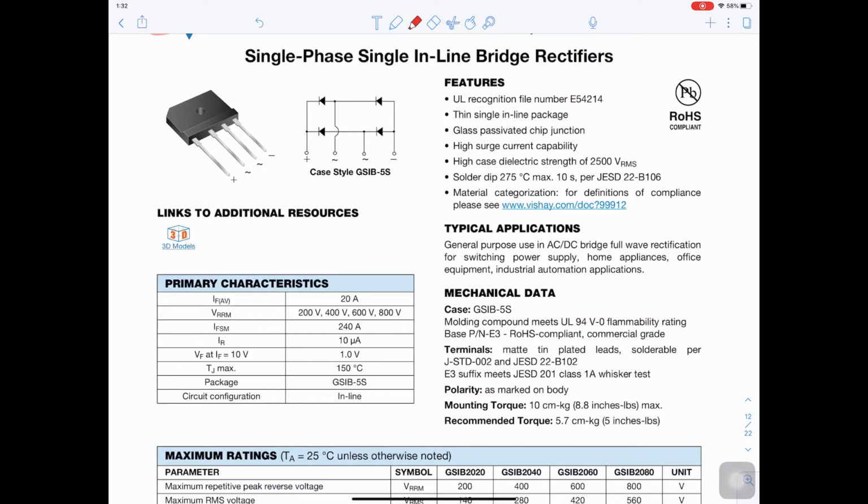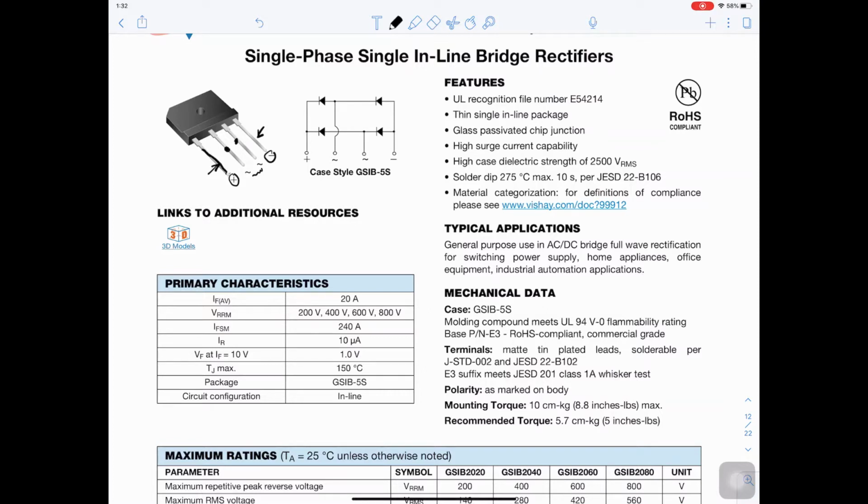Okay, and you can see here is a positive, here is a negative, and here are the 2 AC. And usually the AC are the 2 inner pins, and the DC are the 2 outer pins. This is a common layout or pin out.